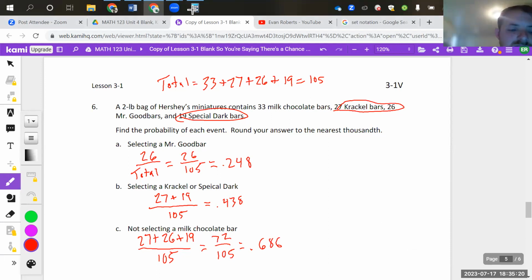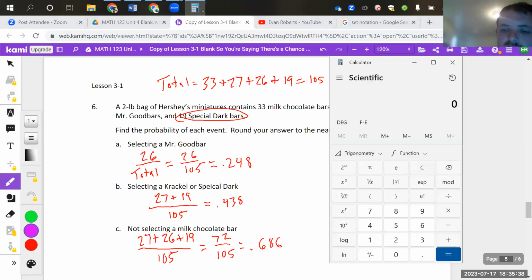But again, if you want to use that 1 minus scenario, you could have done 1 minus 33 out of 105. Either way works. I think the 33 out of 105 is 0.314. Yep.